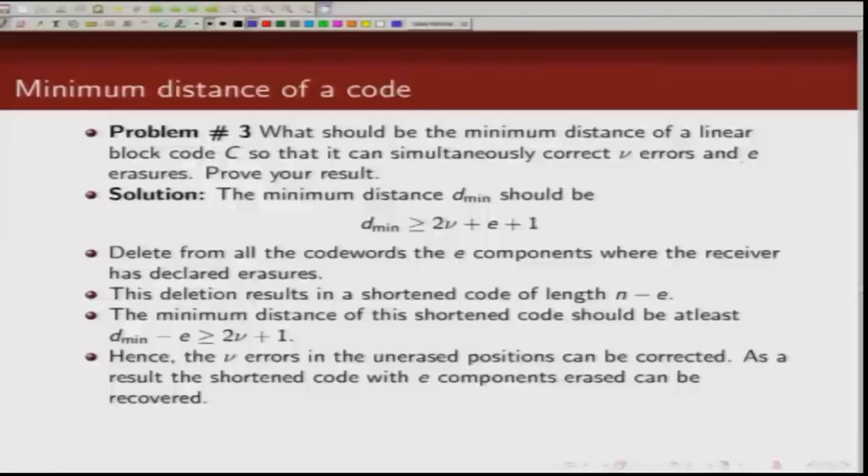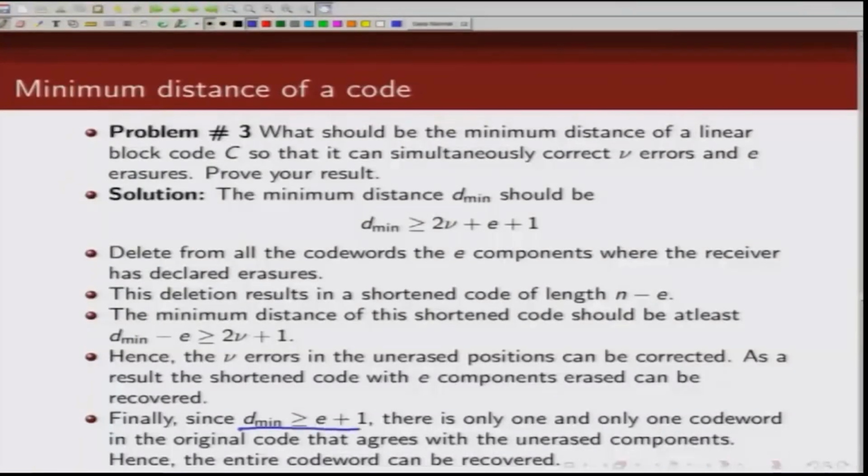Now, remember we have to simultaneously correct mu errors, but we have to correct E erasures also. What is the condition on minimum distance such that E erasures can also be corrected? The minimum distance of the code should be greater than the number of erasures plus 1. So, if the minimum distance of the code is greater than E plus 1, then there is only one code word in the original code that maps to the shortened code.